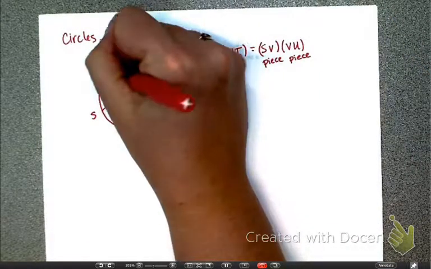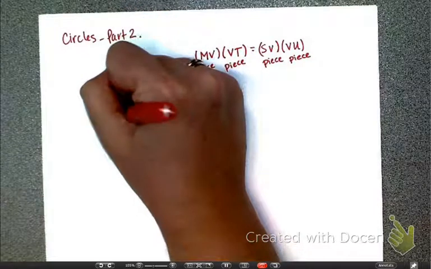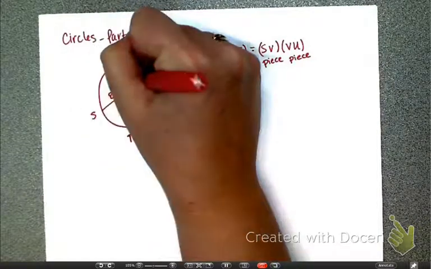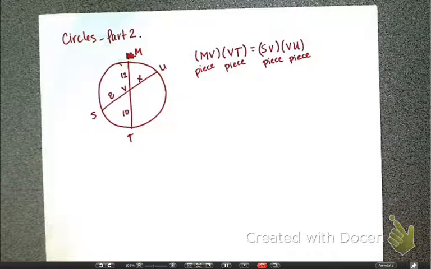So if I give you those values, we should be able to plug everything in. Okay, it's the piece times the piece equals the piece times the piece.